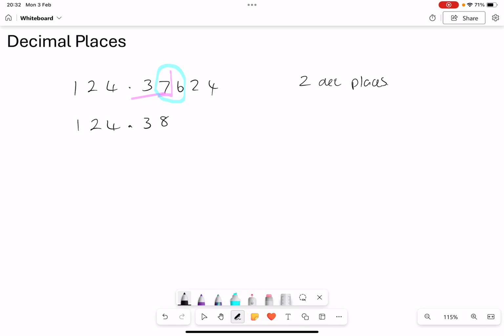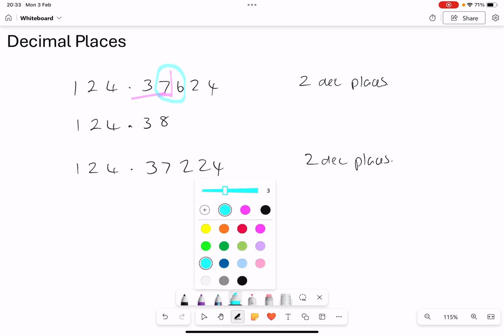What would happen if that 7 was followed by a number smaller than a 5? Well, let's have a look. 124.37224. So it's exactly the same number, but I've changed the 6 to a 2 this time. And again, I'm going to round it to 2 decimal places.